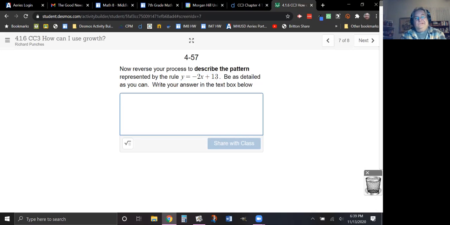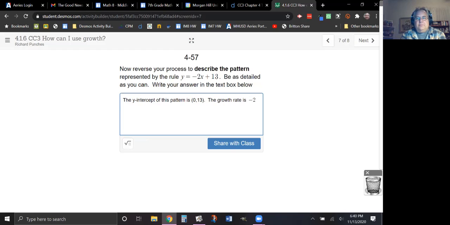I would say, I don't know, how about the y-intercept of this pattern is (0, 13). The growth rate is -2.